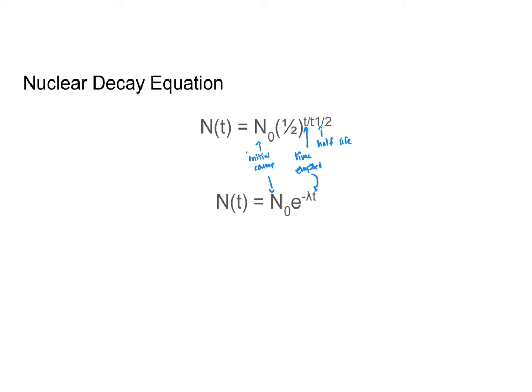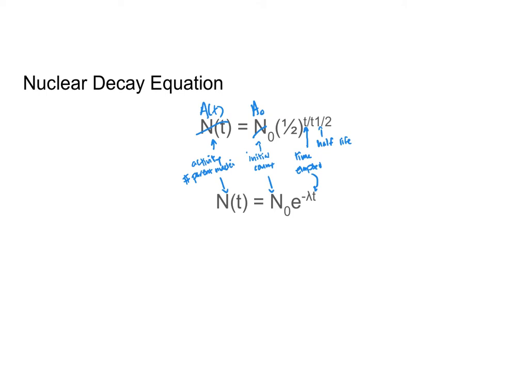And that will give us our activity after a given time. Right now we actually have the number of parent nuclei after our given time. We could also replace N of t with A of t and N naught with A naught to give us the activity. Either equation works, and it's really dependent on what information you're given at the beginning.